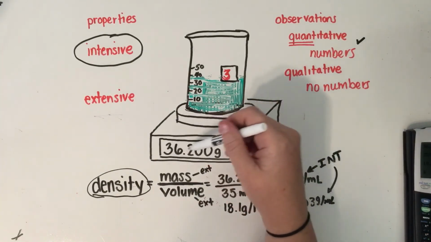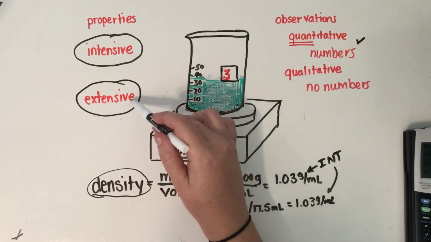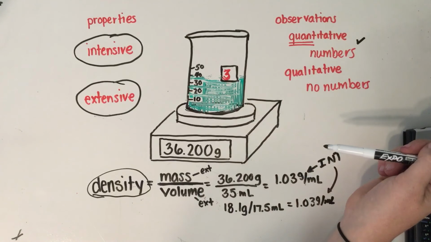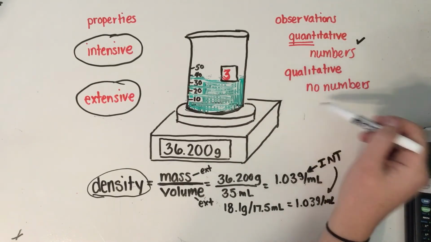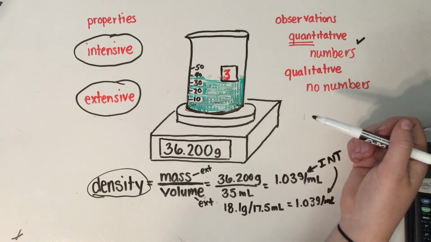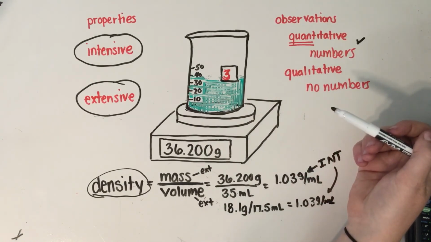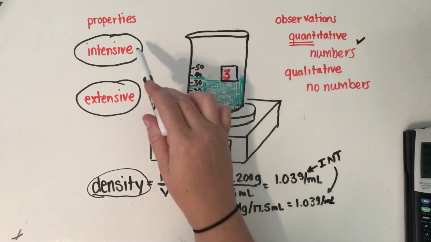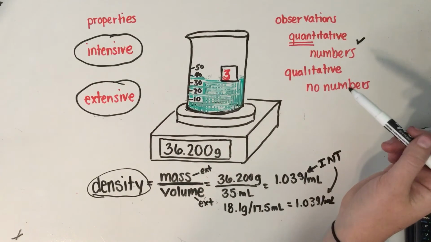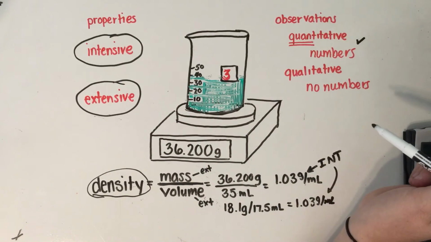Something like mass, extensive property no matter what, but we can describe the mass using a quantitative number, 36.20 grams, but we could also describe it qualitatively. We could say it's a very small mass, or it's a mass that's less than it was before. You can describe almost any property, regardless of whether it's intensive or extensive, in a manner that uses numbers or doesn't use numbers.